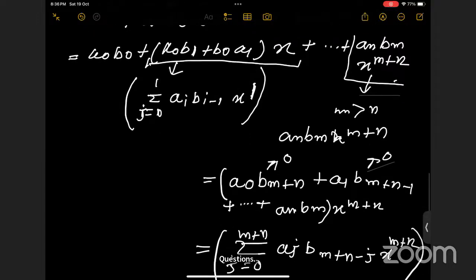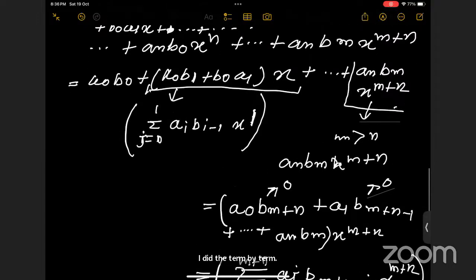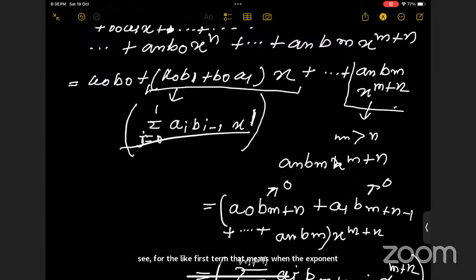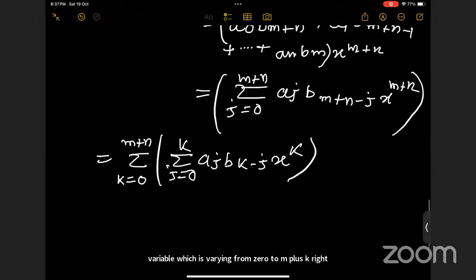Now, see, for the first term, that means when the exponent of x is 1, we are getting this term. Similarly, we will get a similar type of term for every exponent up to m plus n. Then we are setting a different variable k, which is varying from 0 to m plus n, and expressing it in this way.